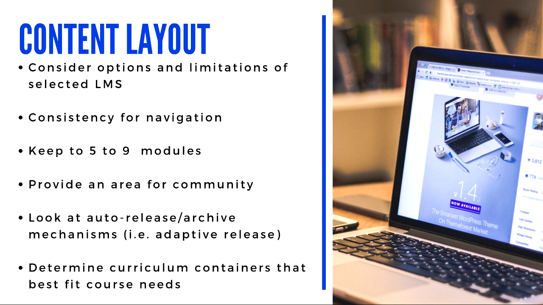You want to make sure that you understand how your menu works, what options you have in your menu, the functionality of that, the different content containers that you have. I believe Canvas has pages and modules that you can use in their LMS. I'm not as familiar with Moodle, but I believe that they have some of the same types of options. So look at what you can and cannot do in your LMS.